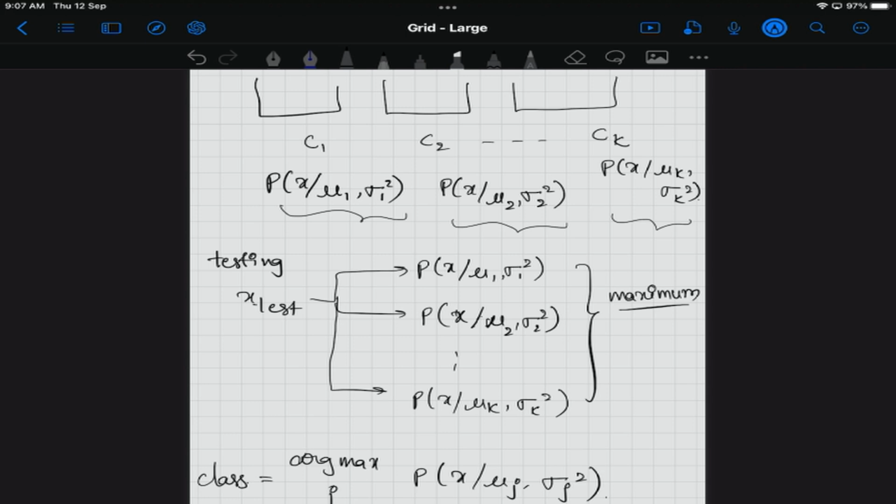Think about whether it is a linear classifier or non-linear classifier. It will become linear in a few cases. You will end up getting a straight line in a few cases, and in a few cases you will get a quadratic function. So it is a non-linear classifier. Let's see how it is a non-linear classifier.